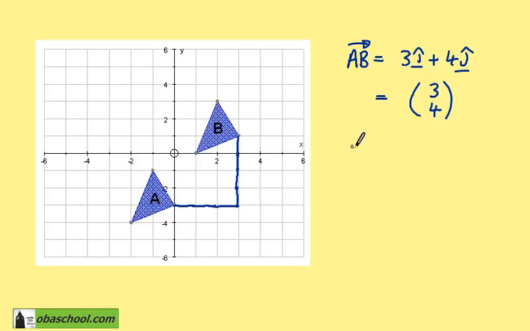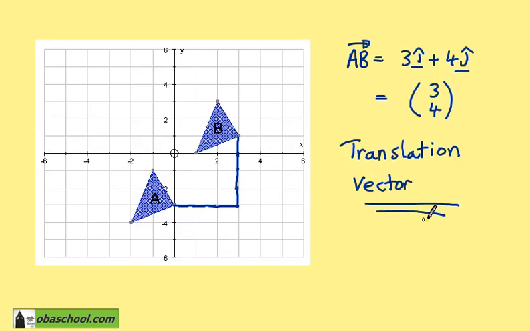In this instance, we're using vectors as translation vectors. 3i plus 4j describes how we need to move triangle A so that it's in the position of triangle B.